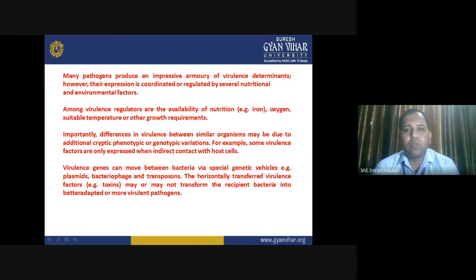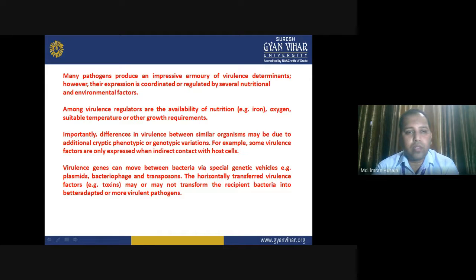Many pathogens produce an impressive armory of virulence determinants. However, their expression is coordinated or regulated by several nutritional and environmental factors. Among virulence regulators are the availability of nutrition, for example iron, oxygen, suitable temperature, or other growth requirements. Importantly, differences in virulence between similar organisms may be due to additional cryptic, phenotypic, or genotypic variations.